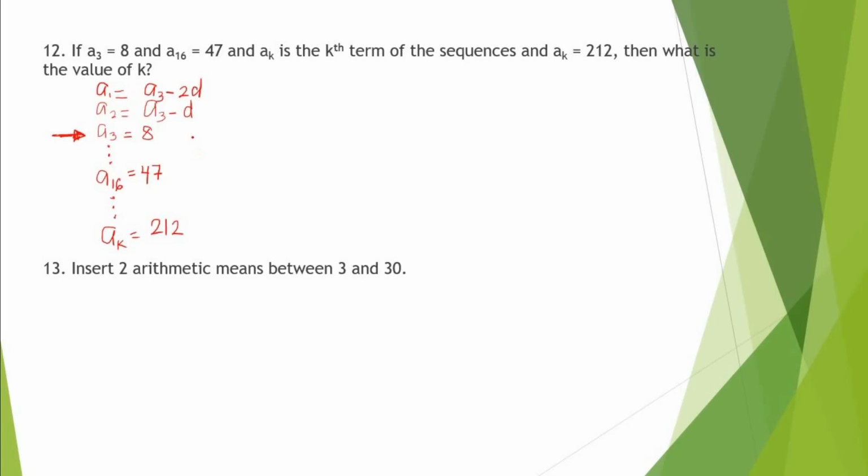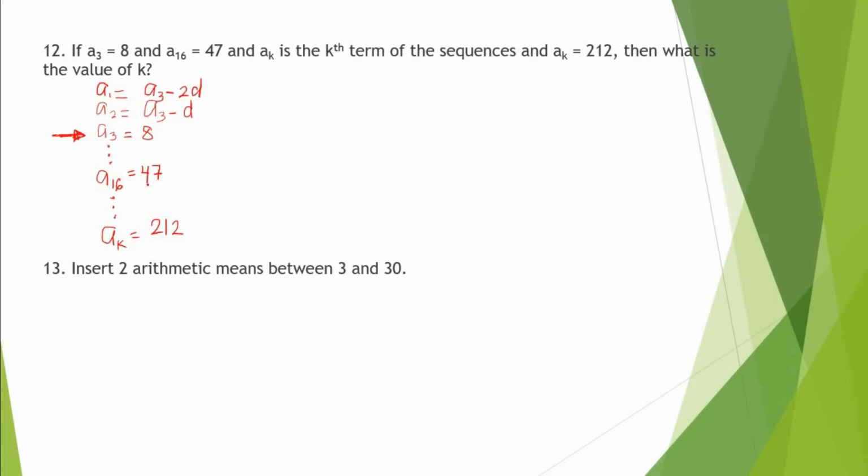Okay, this is a very, very important expression: our A1 is equal to A3 minus 2D. Now, take note that we are given our 16th term, which is equal to 47.